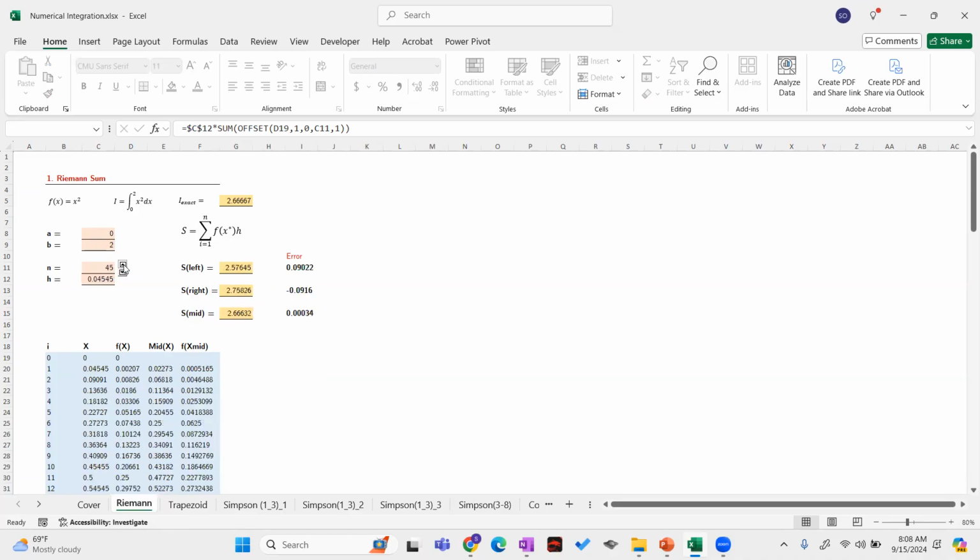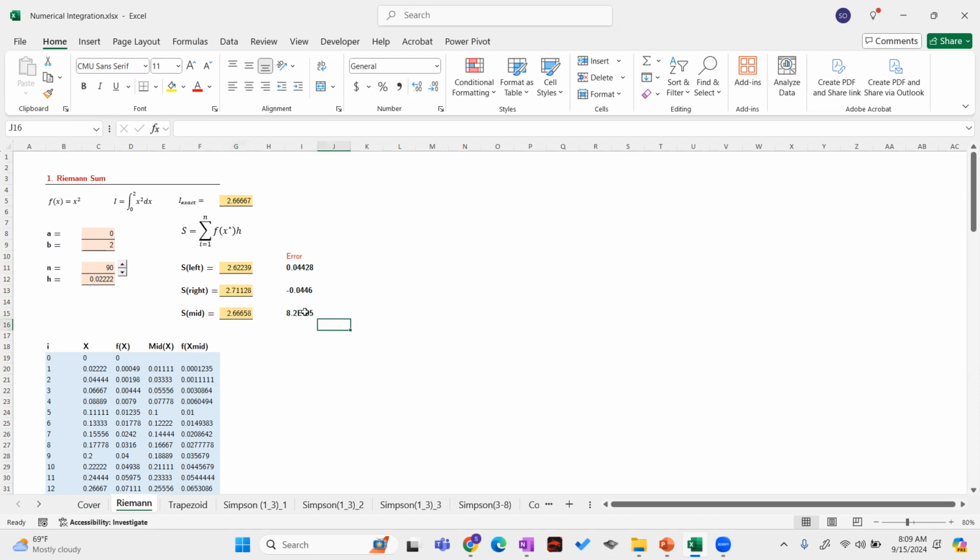And yeah, so let's say we are using 50 steps. The approximation looks like this. These are the error values. Okay, I can probably go up to, let's say, 90 steps, maybe. Still they have some catching up to do, but the middle sum is doing a great job.